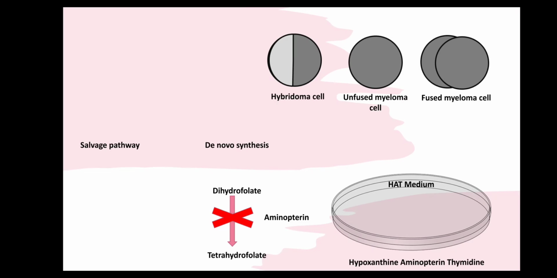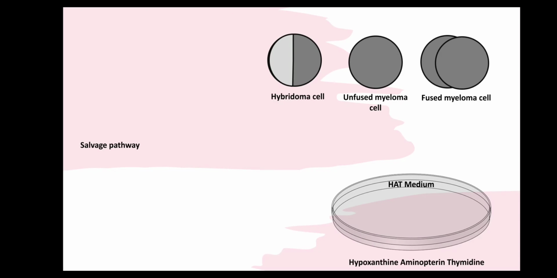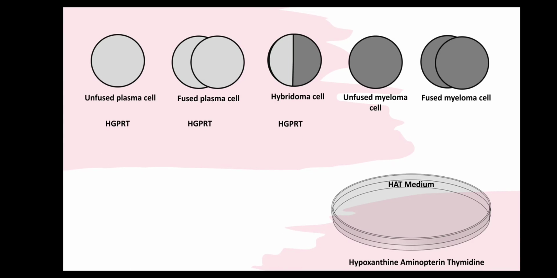Overall, de novo synthesis is not possible, which means only one option is left now, that is the salvage pathway. But for this there is one condition: the cell must have an enzyme called HGPRT, which means hypoxanthine guanine phosphoribosyl transferase. Remember, the plasma cells have this HGPRT enzyme, but myeloma cells do not have HGPRT.